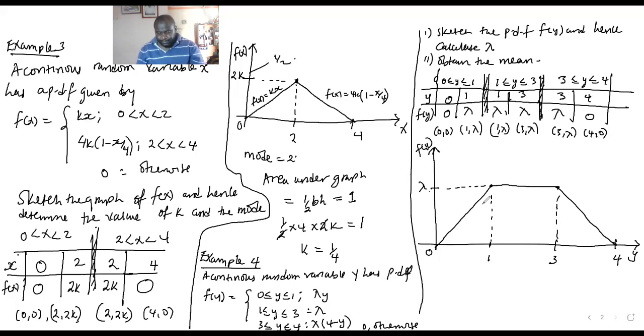So, because that is our graph, it is between 0 and 4. They asked us for the mean, not so? So the mean can be estimated to be half of the graph. Where half of the graph lies, which is 2, is where the mean is. So our mean is 2.